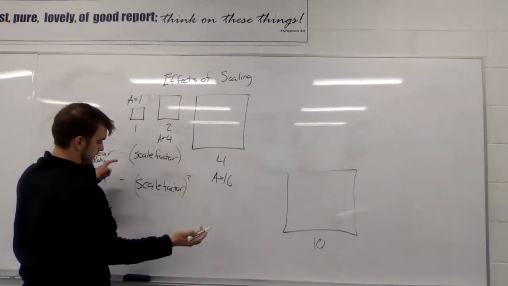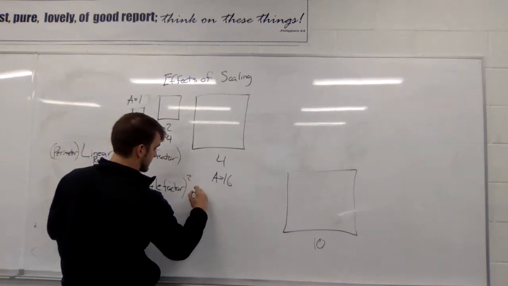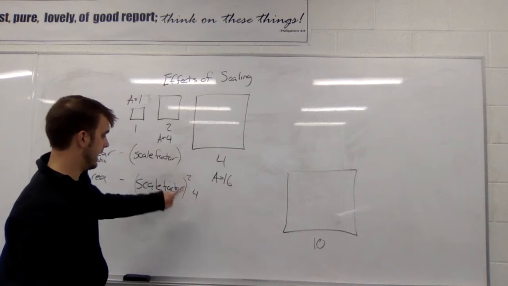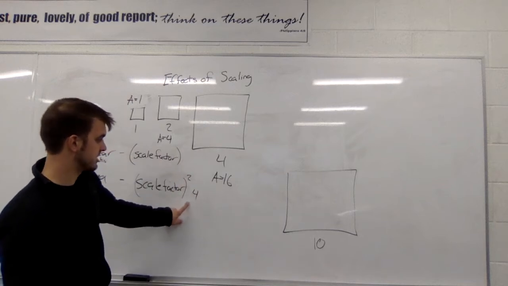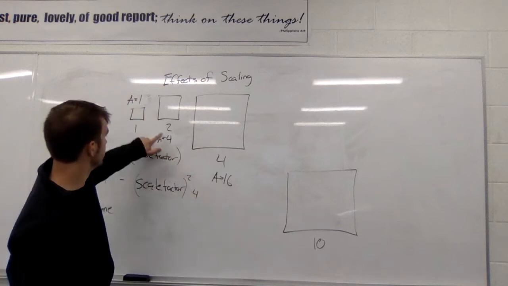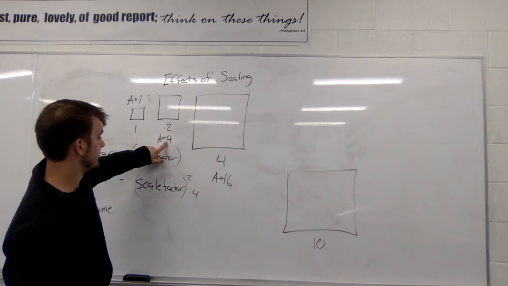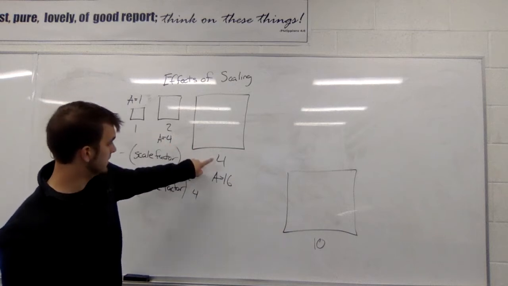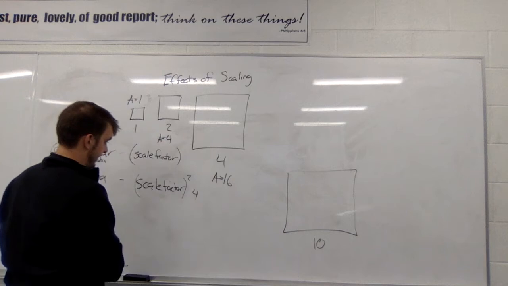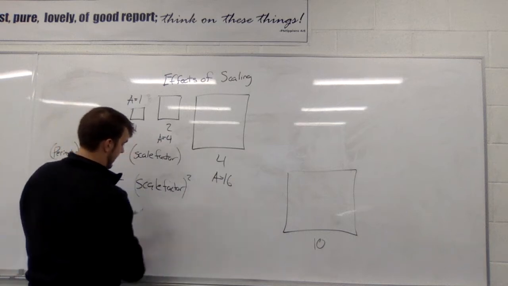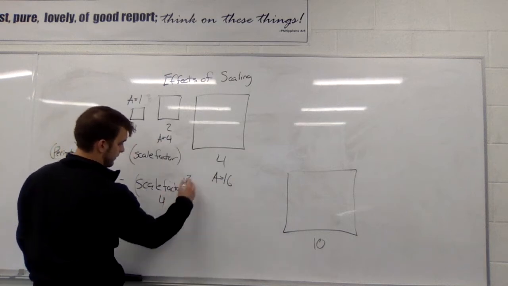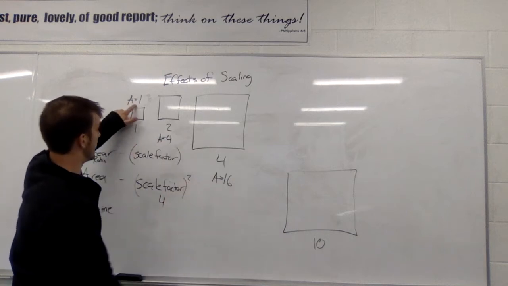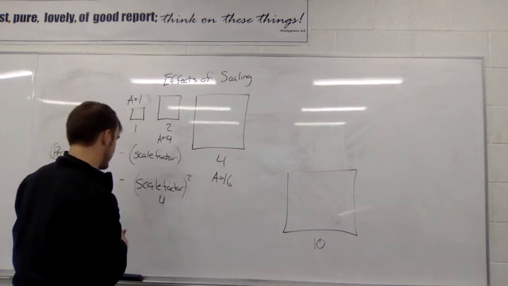So let me just do this. 2 squared is 4. So that means your area will increase by 4. 1 times 4. Going from here, 1 times what equals 4? It's 4. So your scale factor is 4. 4 squared is 16. 1 times 16 gets you to there.